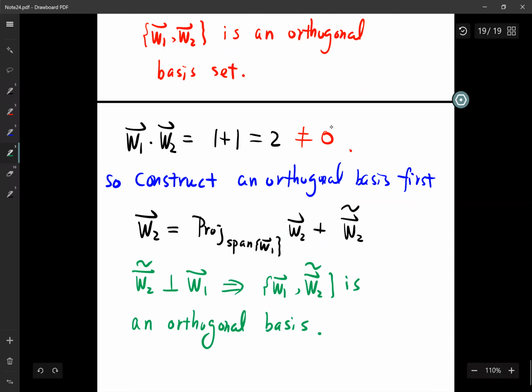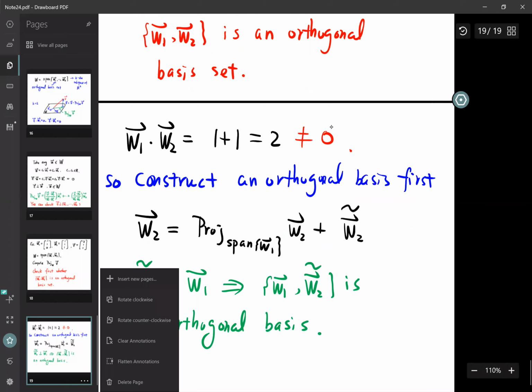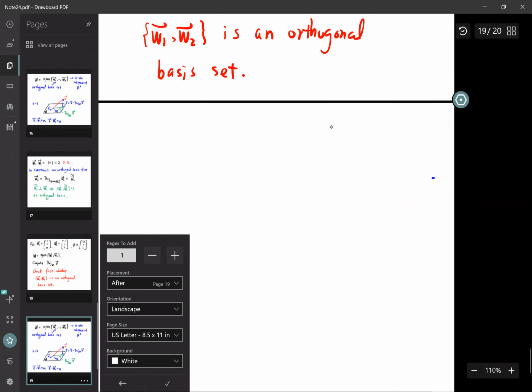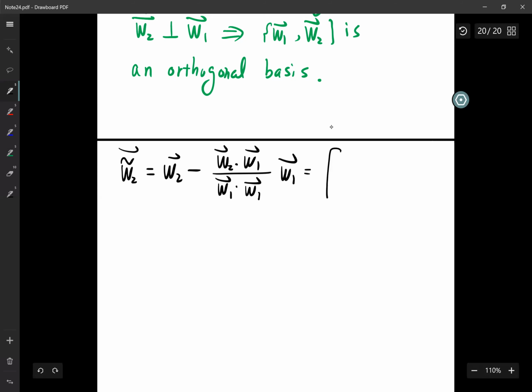So we literally do this. How do we do that? W2 tilde is W2 minus (W2 dot W1 over W1 dot W1) times W1. I'll skip the computation, and you can check after the class that this is (0, 0, 1).